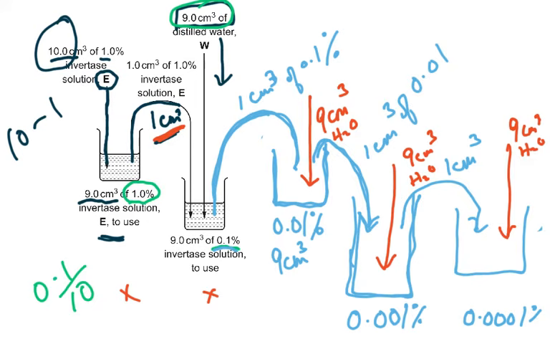You had 10 cm³ initially, but 9 cm³ was left. You took out 1 cm³, and then it was mentioned here that 9 cm³ of distilled water had to be added each time.